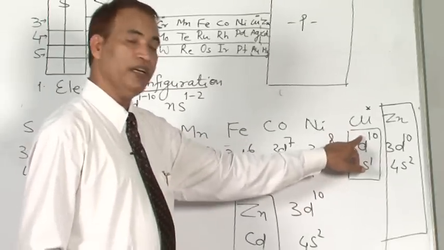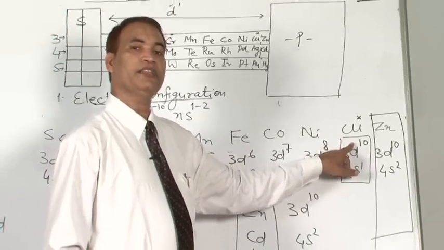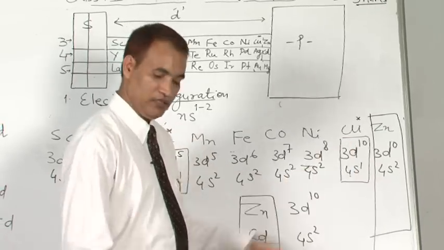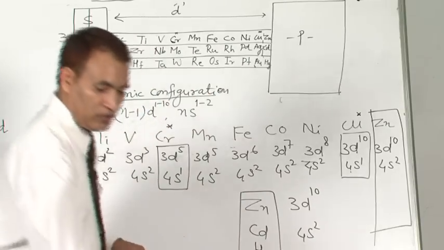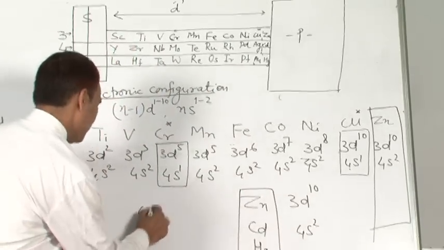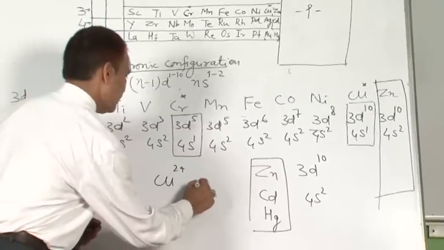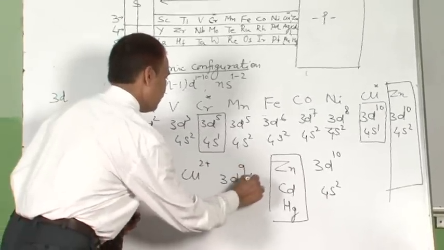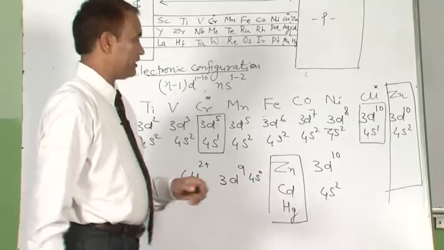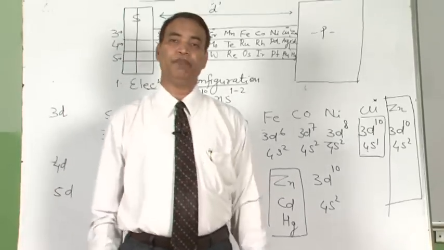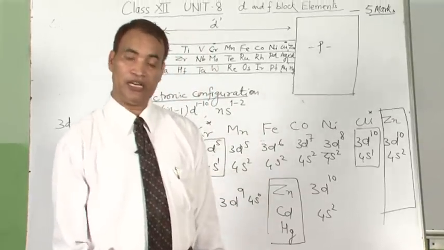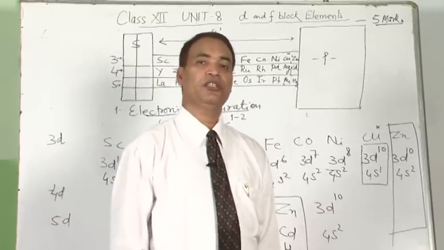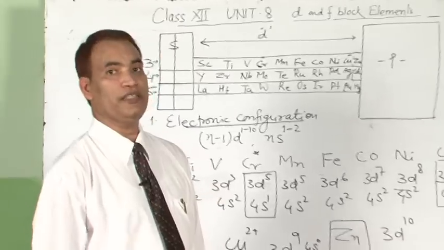Here it is completely filled, but we will find it incomplete in the most occurring oxidation state, like Cu plus 2. In the case of Cu plus 2, it is 3d9 4s0. So transition metals have incomplete d orbitals in their atomic state or in their most occurring oxidation state.